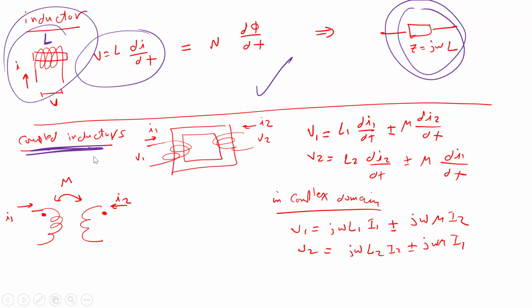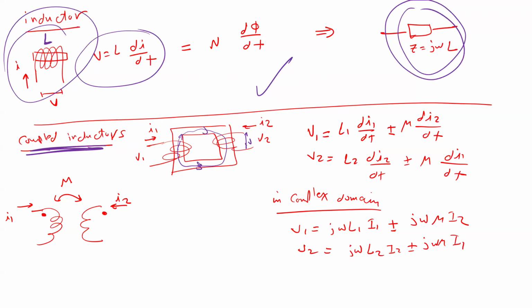For coupled inductors, as I told you, you couple or connect the circuits, but not using an electrical connection. You connect the circuits using magnetism. The way it has been done, as I told you here in this material, the magnetic field or the flux is going to go through this material this way, and because of that, there will be a voltage induced here.